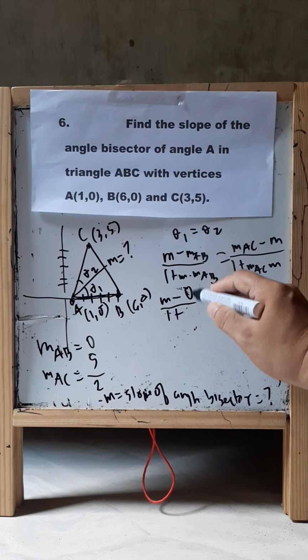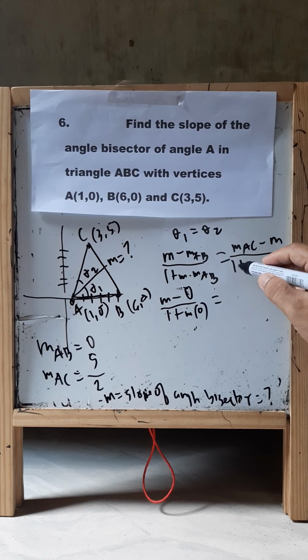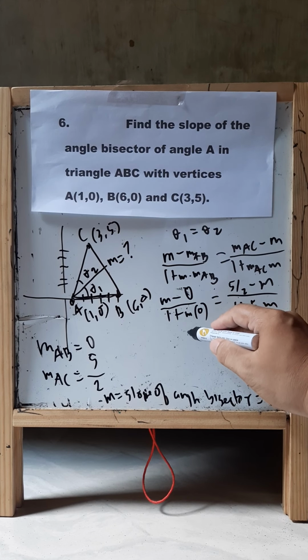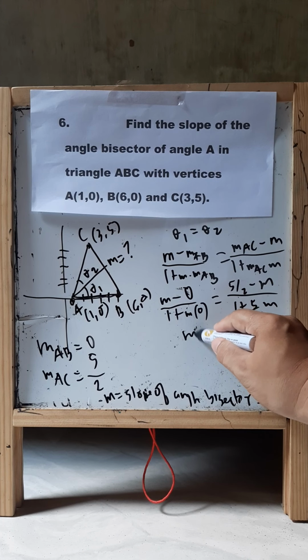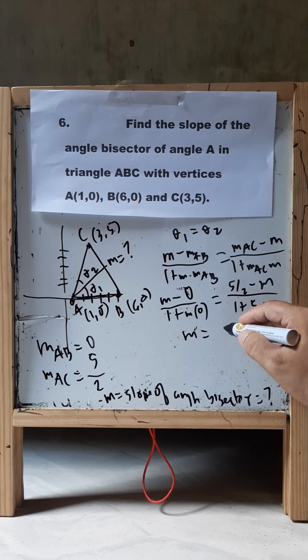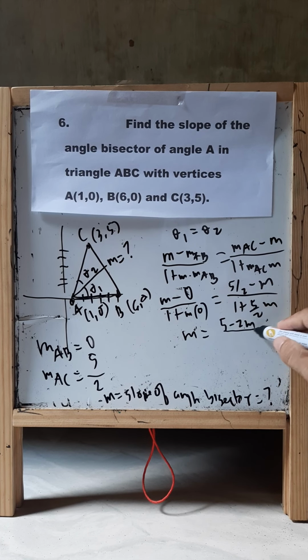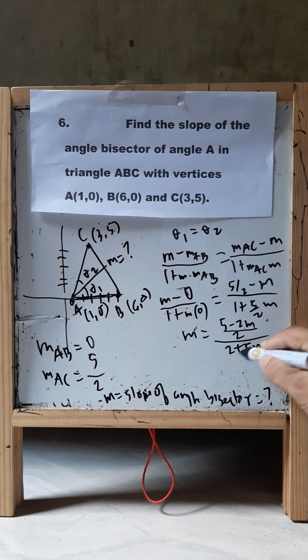1 plus m times 0 equals, slope of AC is 5 halves minus m over 1 plus 5 halves m. M minus 0 is m over 1 plus 0 is 1. So m here. Here naman, 5 minus 2m all over 2, over here 2 plus 5m all over 2.